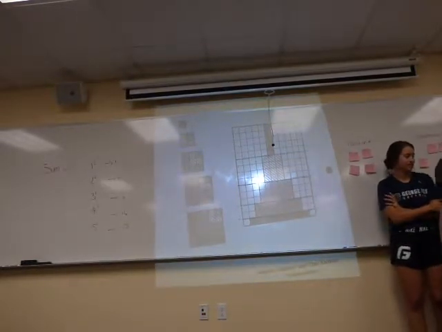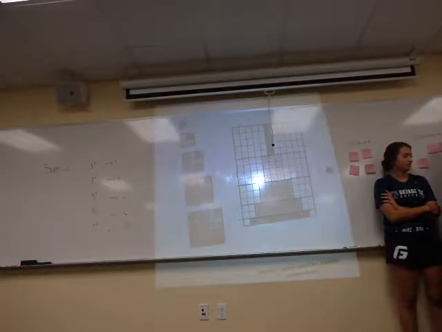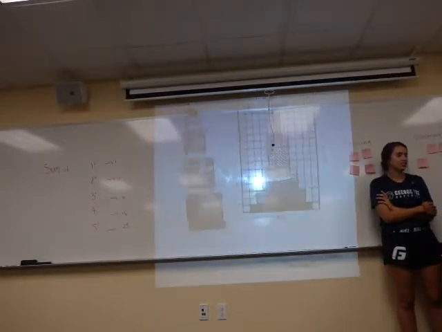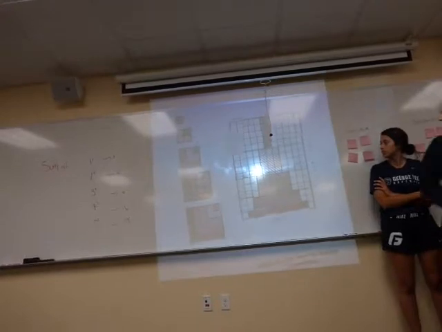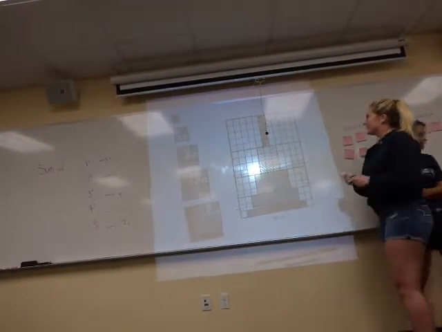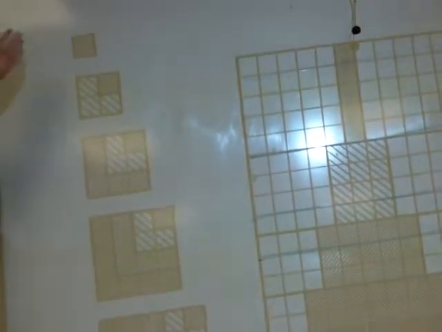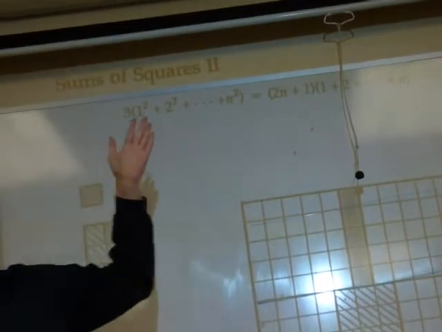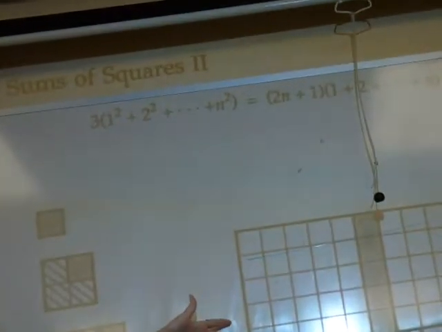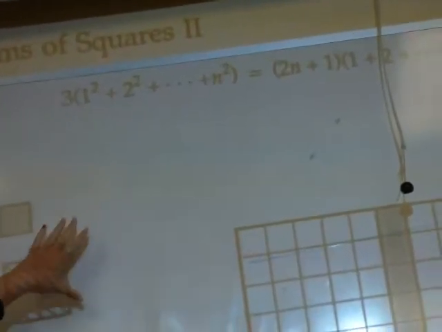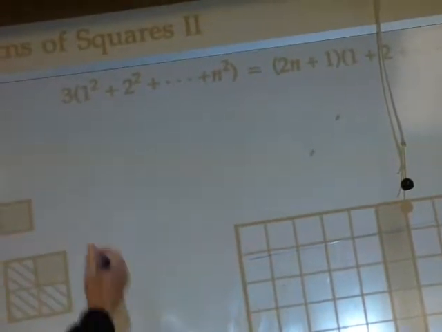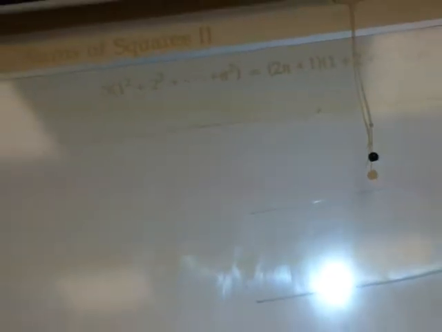Okay, we're gonna look at a formula now. I'm going to write it down. This is the formula, and we're going to talk about how this relates to this, but first we're going to talk about the formula separately, so you can forget about this for a second. But what do you guys think that n equals in this problem?